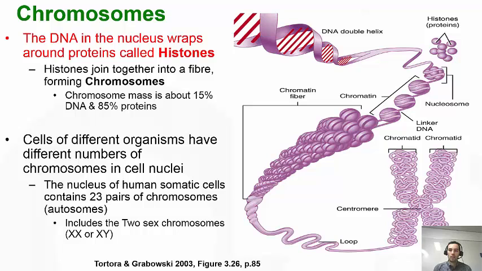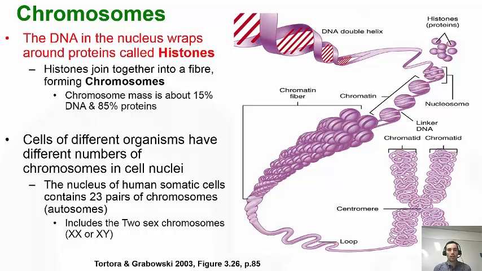So the analogy I like to use is thinking about a piece of very long string. So our DNA is a very, very long piece of string. So how can we condense the amount of space that that long piece of string is taking up? What we can do is use these tiny little golf balls and start wrapping that string around the golf balls and then clumping those golf balls together. And that's what we're doing when we're making our chromosomes.